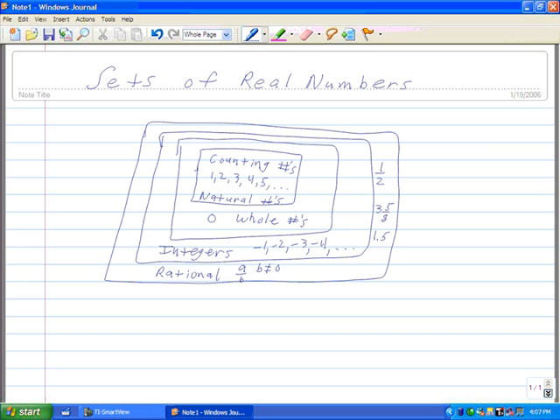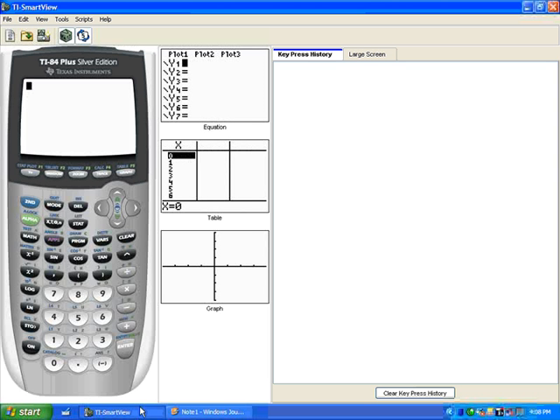Now, other decimals that we haven't mentioned yet that are going to still fall in the rational numbers are the decimals that are infinitely repeating, like 0.33333 repeating, or 0.125 repeating. And we can go to the calculator and see that those numbers are in fact rational numbers.